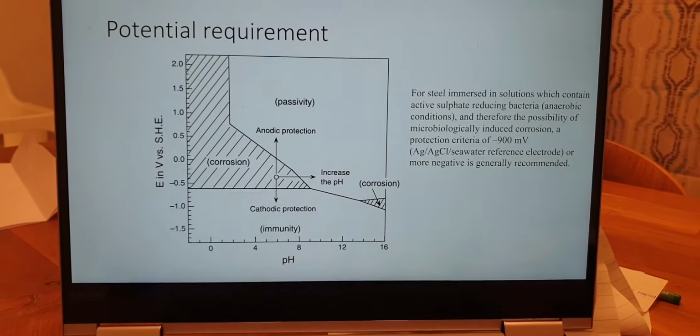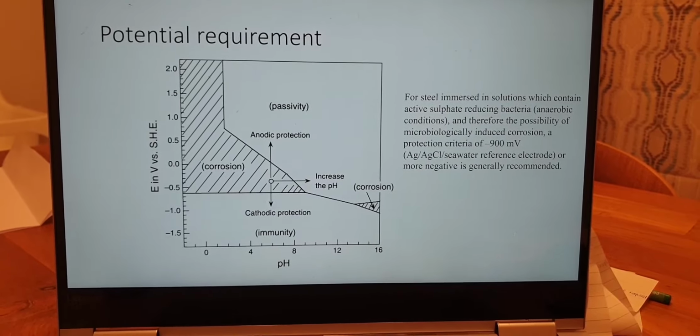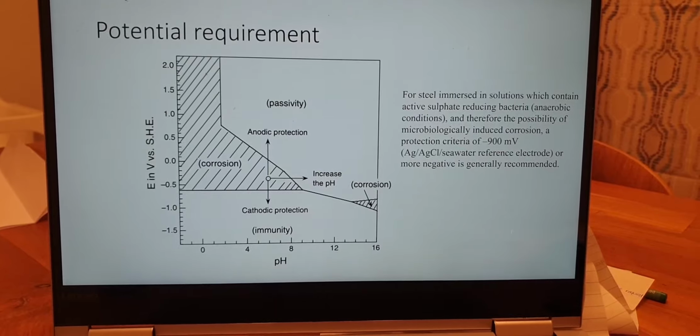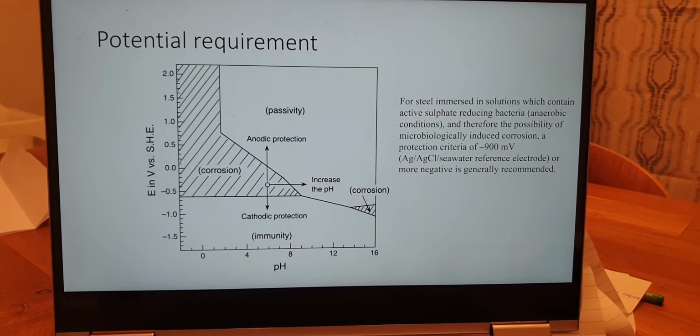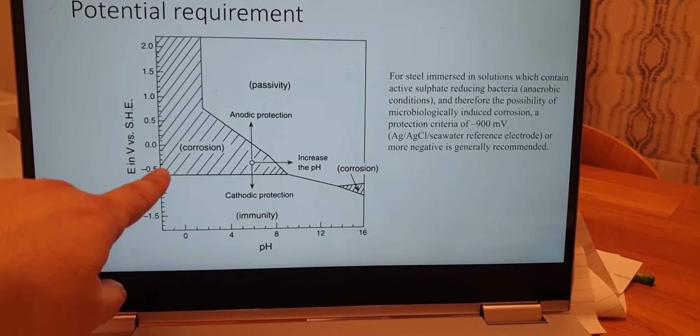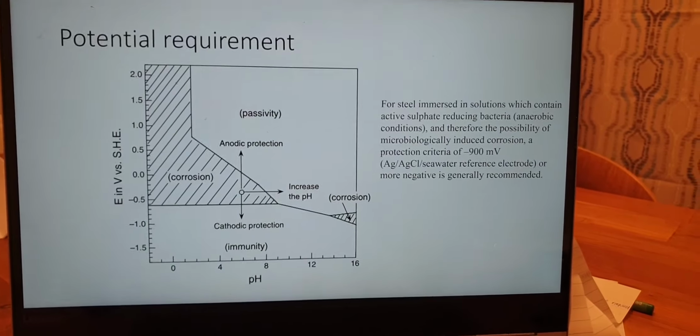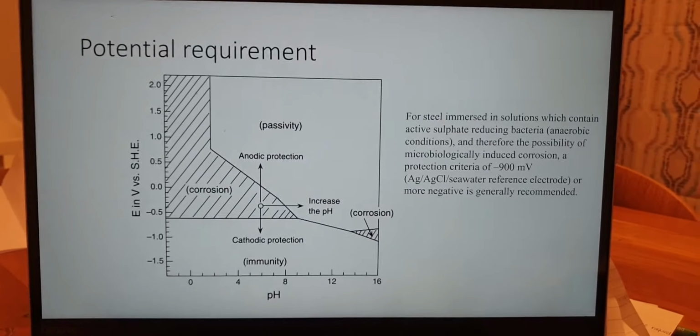And then we reach the cathodic protection. For still immersing solutions which contain active sulfate reducing bacteria, we need to go a little bit deeper, because we are adding an extra reaction there, an extra criticality, with the bacteria.